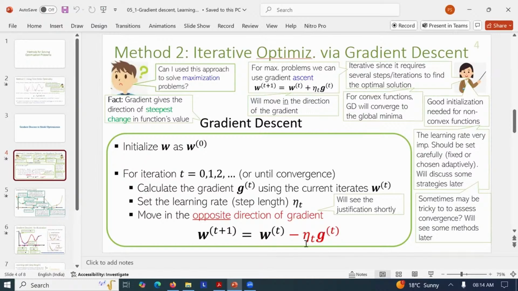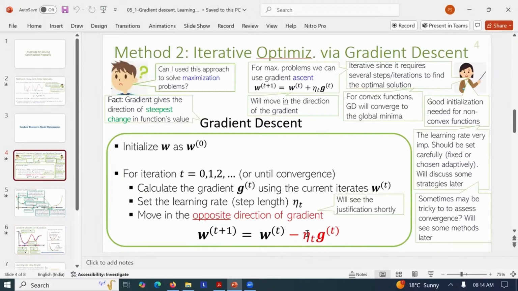If eta_t g_t is a big number, then the change in w will be large. If eta_t g_t is a smaller number, then the change in the unknown value w will be small.